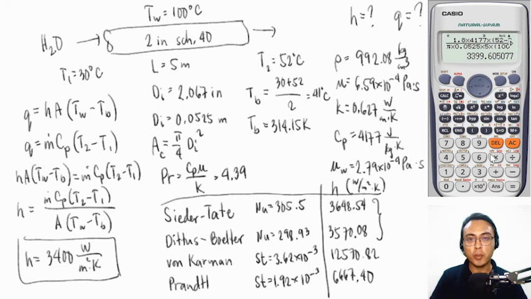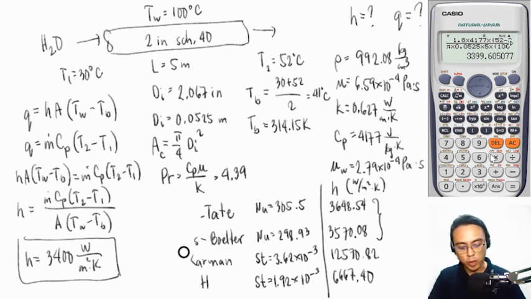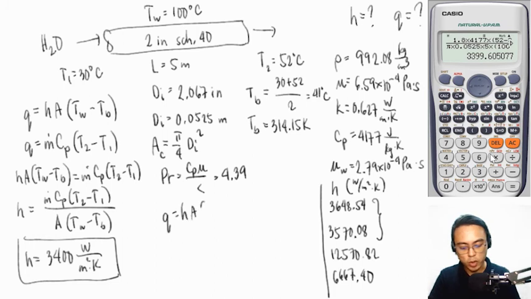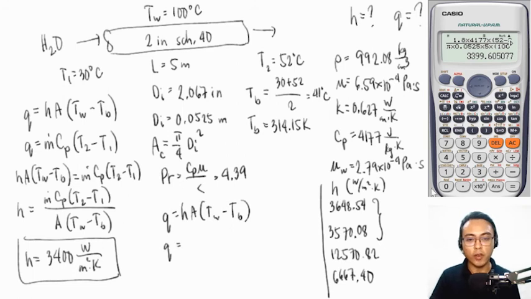Let's answer the second part of the question, which is the total heat transfer Q. If we are going to use our heat transfer coefficient coming from the Sieder-Tate equation, we write Q is equal to HA times wall temperature minus bulk temperature. We substitute our solved values.